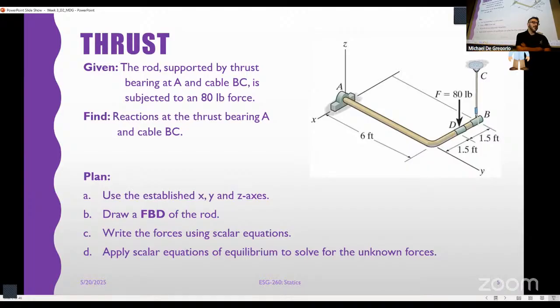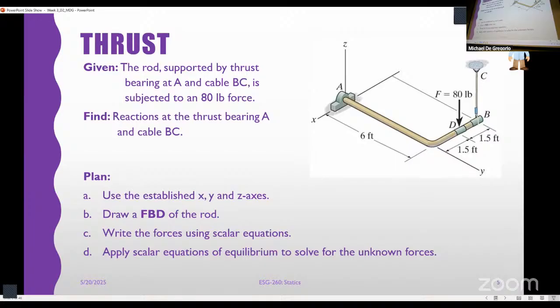So I think a thrust bearing is not clearly named, right? Because here it's a thrust bearing, you are assuming, well, at least I always assumed, that you would be able to move the shaft through it, right? Because it's a thrust bearing. But that is not what it means. It is actually stopping thrust.